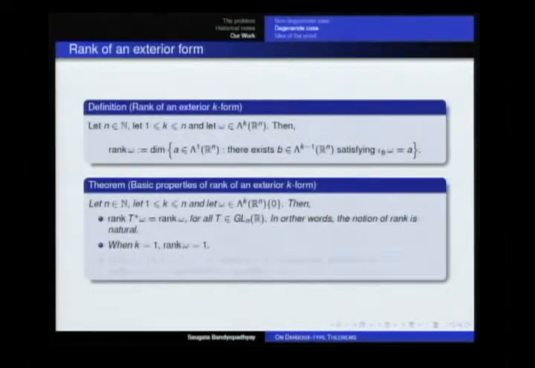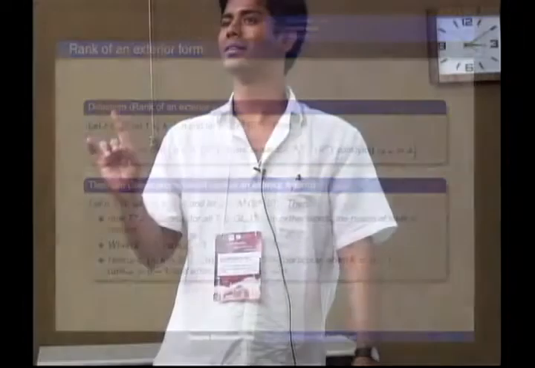That's natural. The rank of a two form is always even, but what is more interesting is that for a k form with k greater than or equal to 3, the rank of omega can be anything between k and n except k plus 1. You see, it starts from k to n and k plus 1 is missing. And this has some curious applications in the pullback equation, as we'll see shortly.